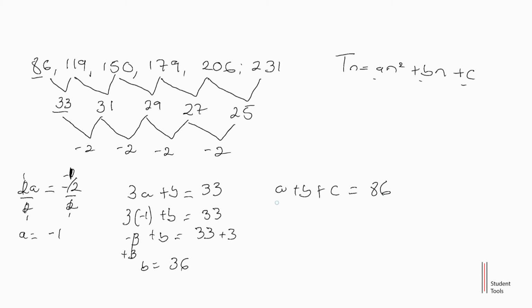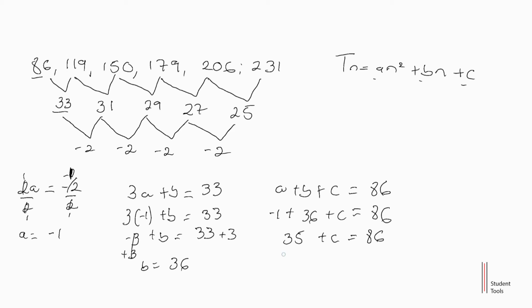And then the value of A, we got that it's -1. We substitute with -1 plus B is 36 plus C, which is unknown, equal to 86. So now -1 plus 36, that is 35, plus C is equal to 86.